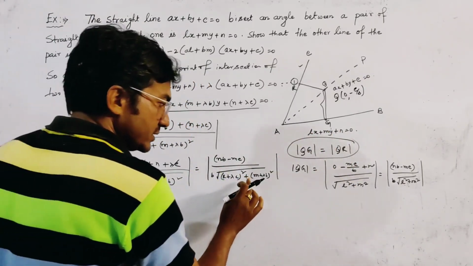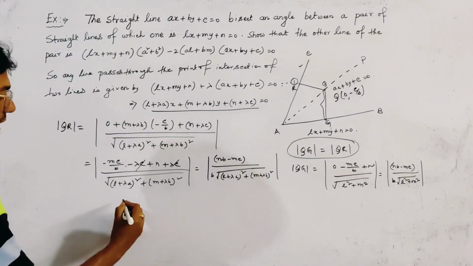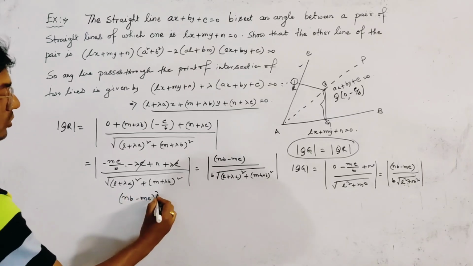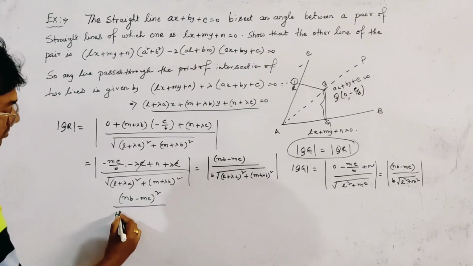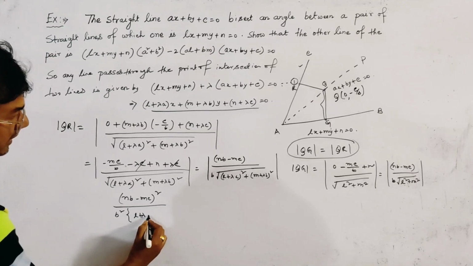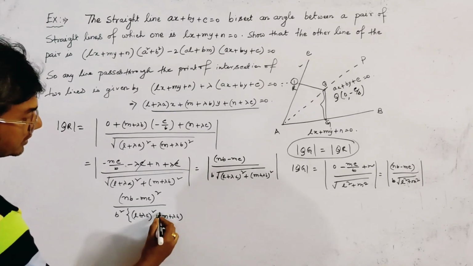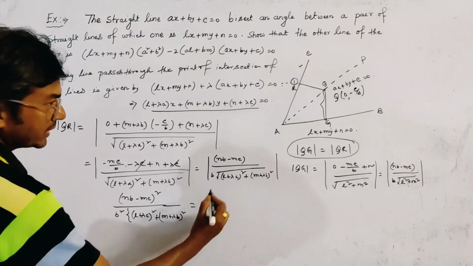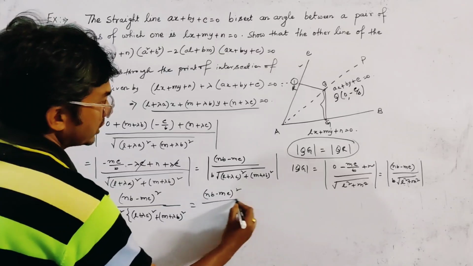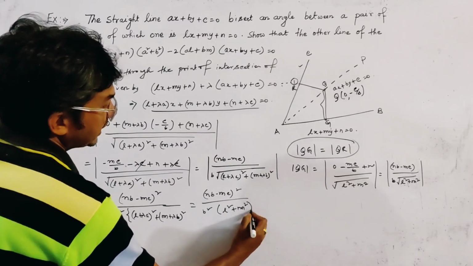That is, this distance and this distance are both the same, and we get the result: nb minus mc whole square by b square into L plus lambda a whole square plus m plus lambda b whole square, and the right side is nb minus mc whole square by b square into L square plus M square.